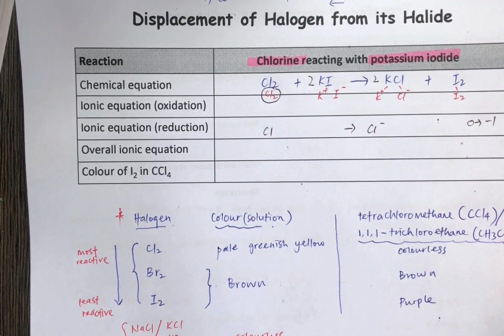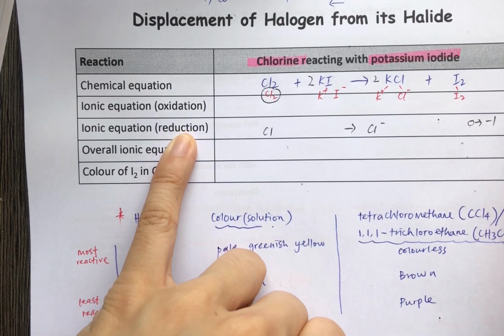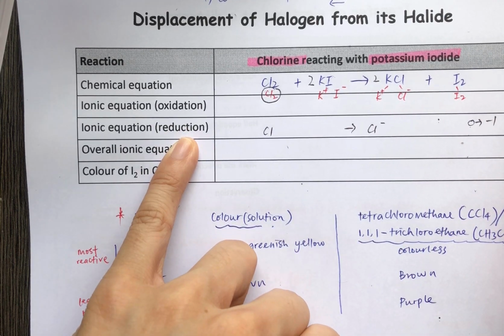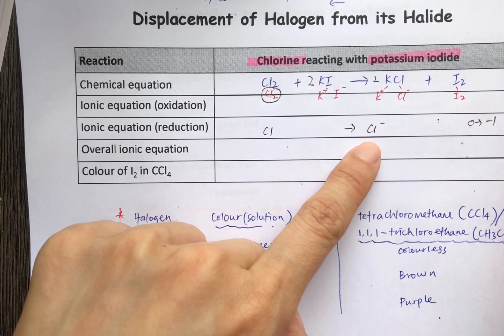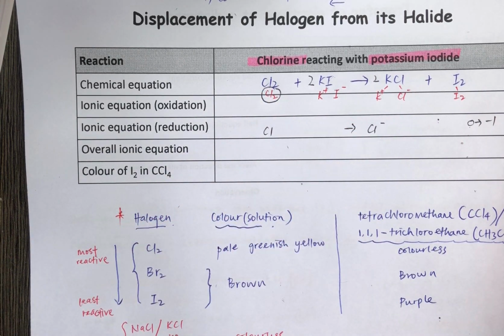Is this an increase or decrease in oxidation number? It is a decrease, 0 to -1, going down. So this is a reduction reaction. Chlorine has undergone reduction.